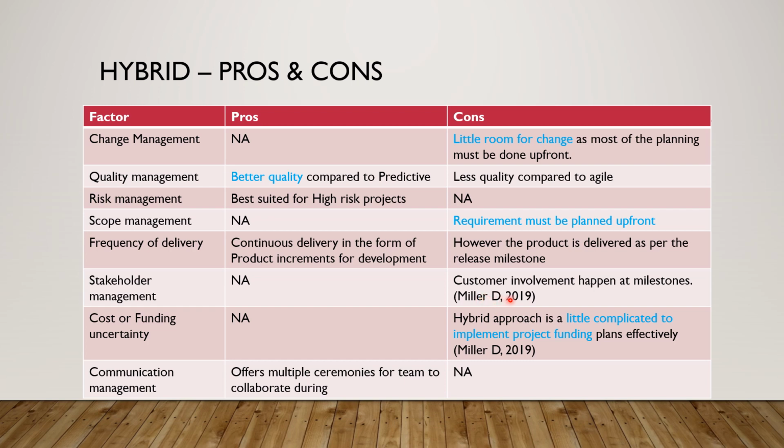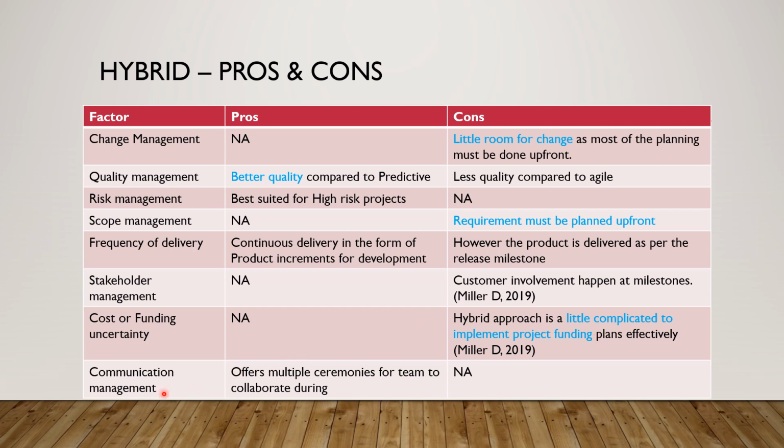But the hybrid methodology again does not provide an opportunity for frequent customer collaboration. Rather, the customer is involved only at the milestone when the release is made to the customer as a big bang. Next is cost of funding uncertainty. Since our current project has funding uncertainty, hybrid is not much suited for such kinds of projects.